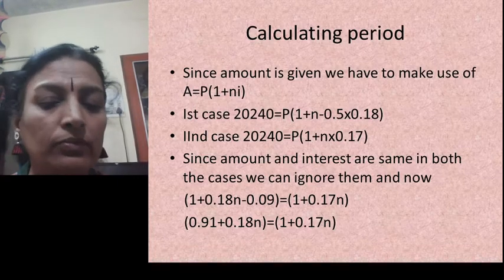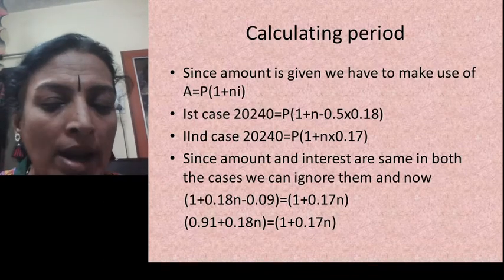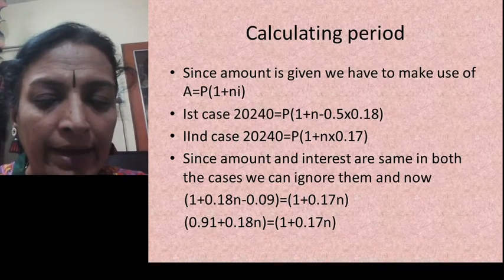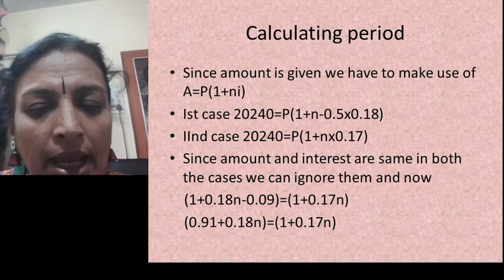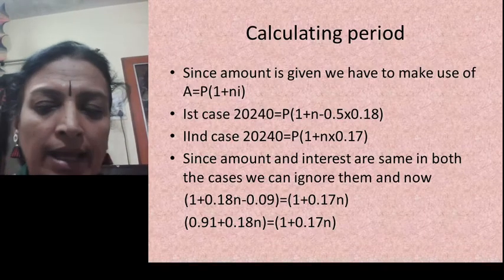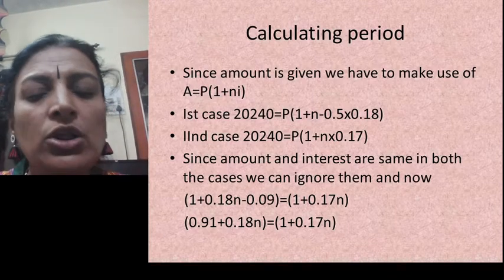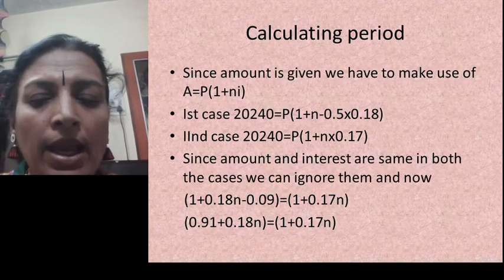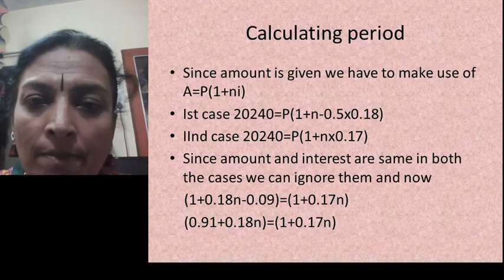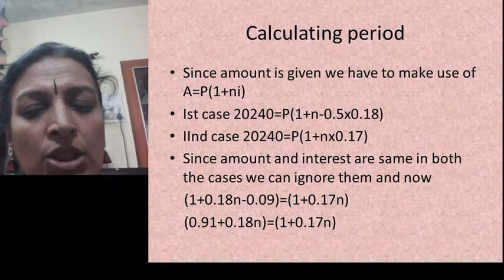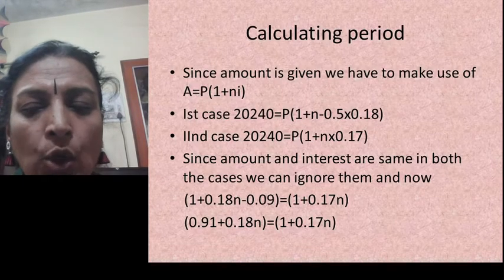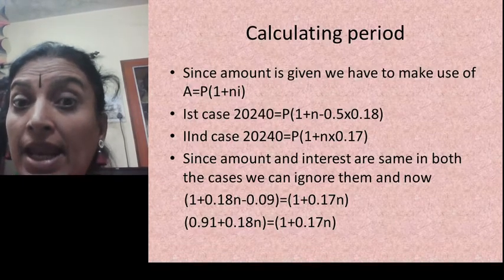In one case it is 1 plus 0.18 n, and in the other, 1 plus n minus 0.5 into 0.18.